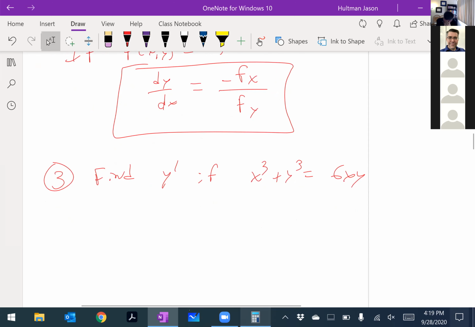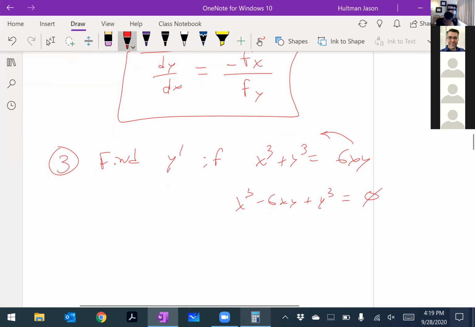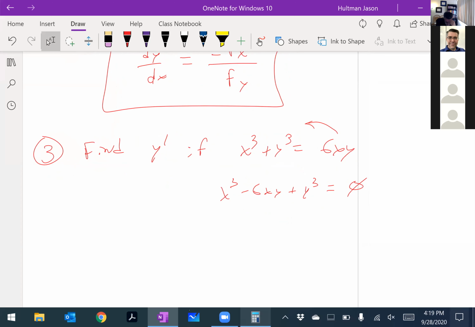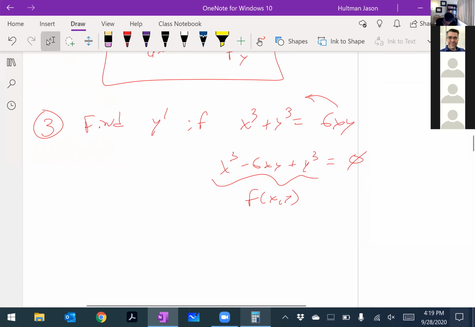Okay, so what do I want to do? I want to create a function that's equal to 0. So just toss this guy over to the other side: x cubed minus 6xy plus y cubed equals 0. Now I want to find my partials. I say this thing is f of x y.